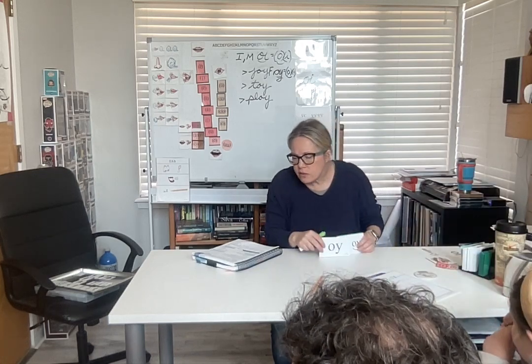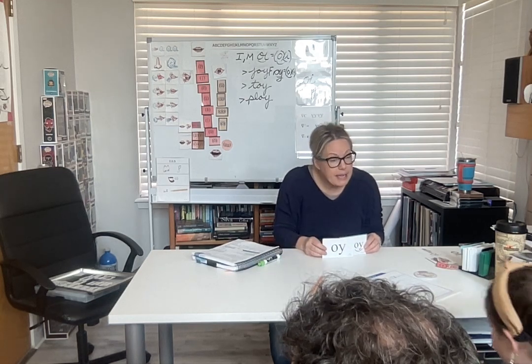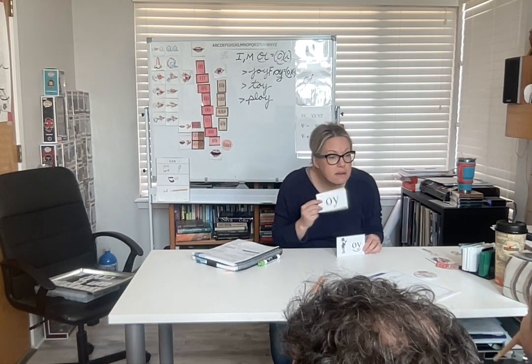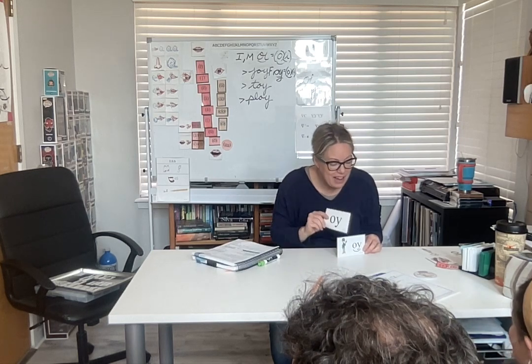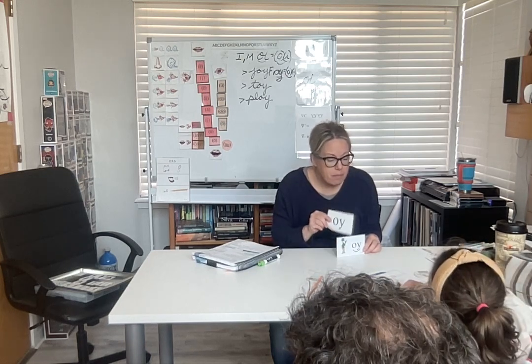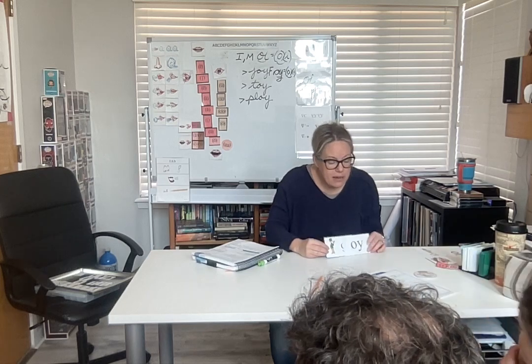All right. So I'm going to give you the name of the letter, and you're going to give me the key word and the sound. Diphthong O-Y. Oi. Boy. Now I'm going to give you the sound, and you give me the key word and letter name.